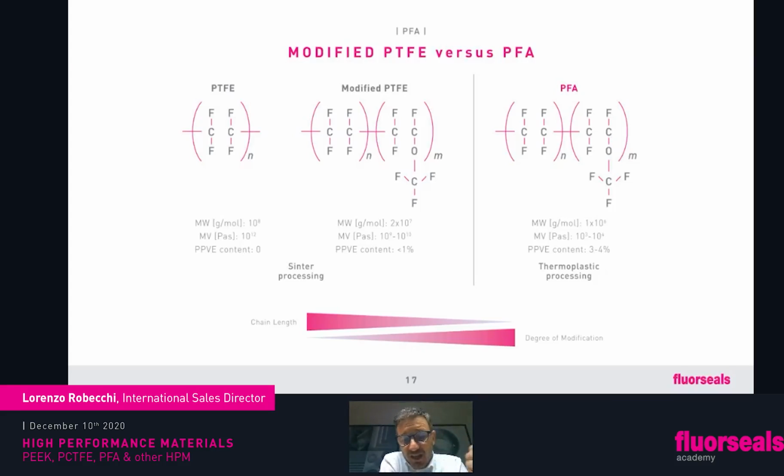Chain length is the chain of a polymer, okay? So the longer the chain, which is the case of PTFE, the lower the degree of modification, so the fewer standard processing techniques are available. In fact, up to some years ago, all the companies producing PTFE were only doing PTFE.